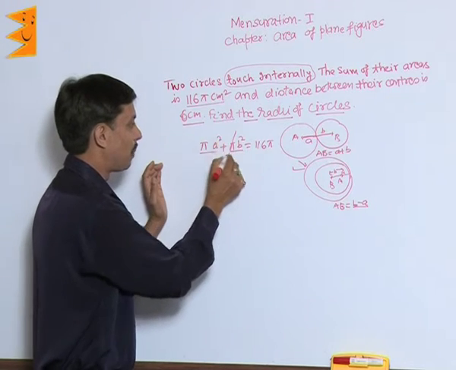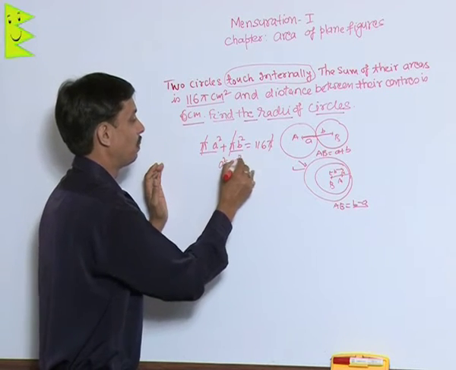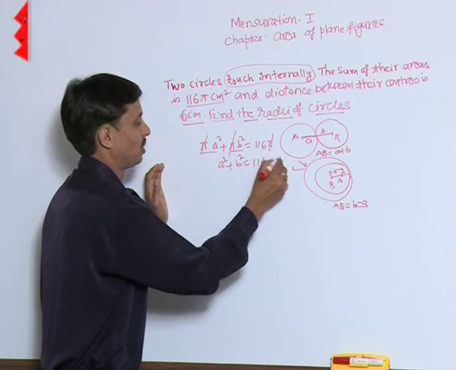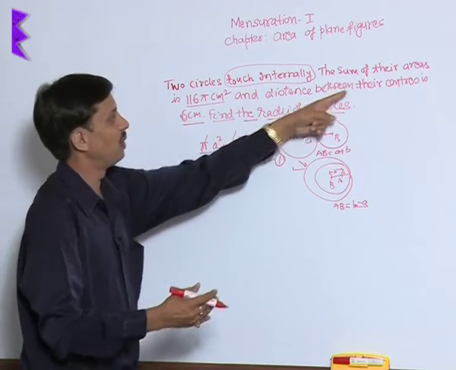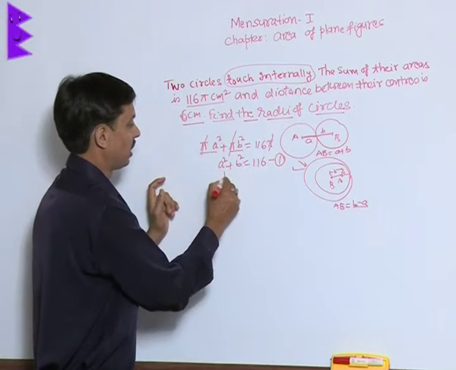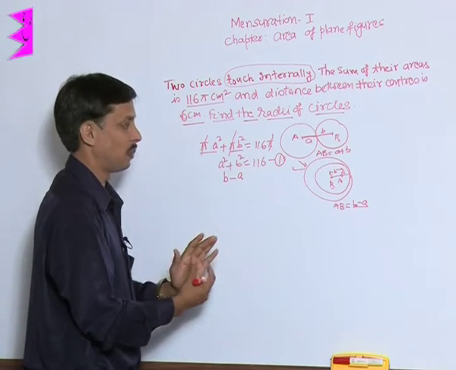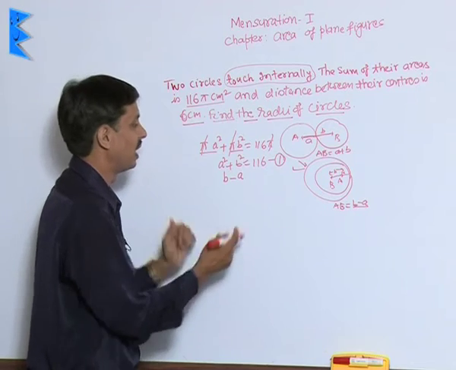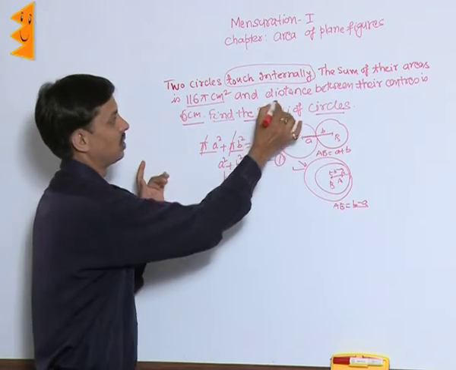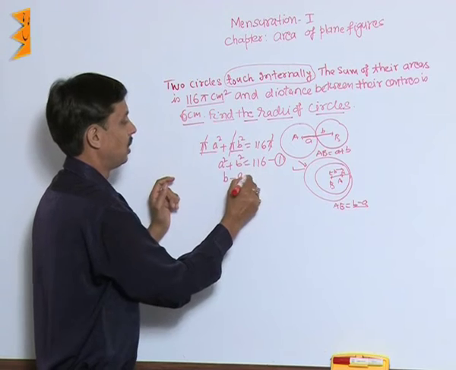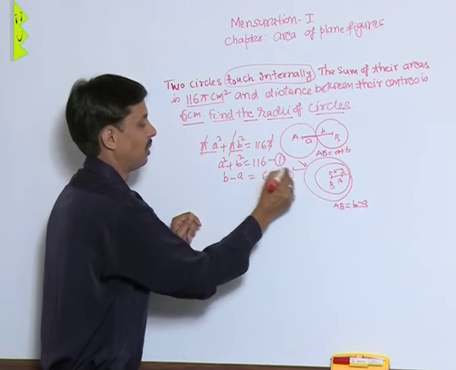Then we can cancel pi, and the answer is A square plus B square is equal to 116, equation number 1. Next, the distance between their centers. The centers are at a distance of B and A from the point of contact, that is, these are the radii. In case of touching internally, the distance between their centers is the difference of the radii, that is B minus A, and that is given as 6 centimeter.